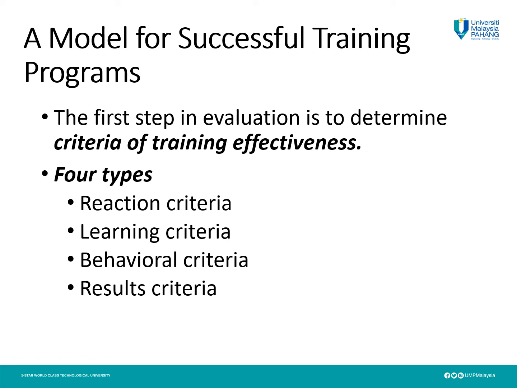So these are the 4 types of effectiveness of a training program: reaction criteria, learning criteria, behavior criteria, and result criteria. I already explained these criteria in our previous chapter, under the evaluation step of the training program flow.